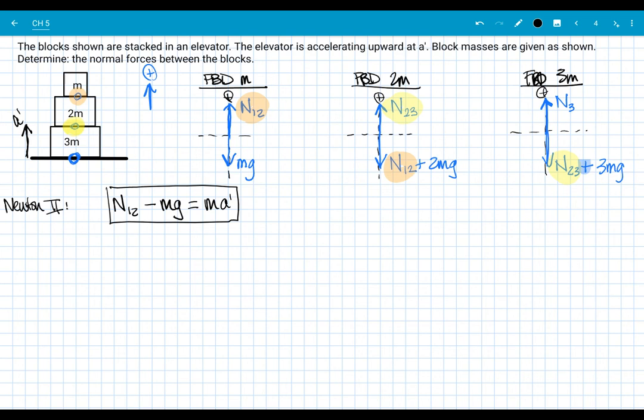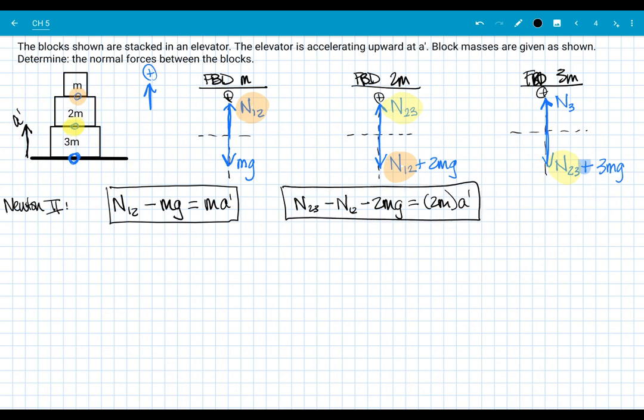So for the 2m block, I'm going to do the same thing and I'll write the equation: N sub 2,3 minus N sub 1,2 minus 2mg is equal to its mass, 2m, times acceleration, which is given again as a prime.